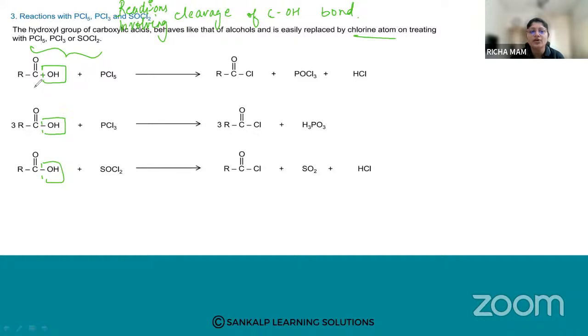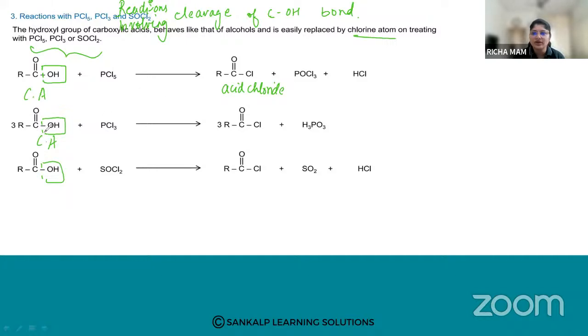When you treat carboxylic acid with phosphorus pentachloride, you will get an acid chloride, and POCl3 plus HCl as byproducts. Then, we have taken here three molecules of carboxylic acid.